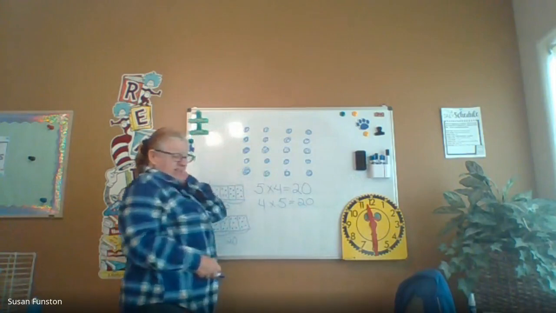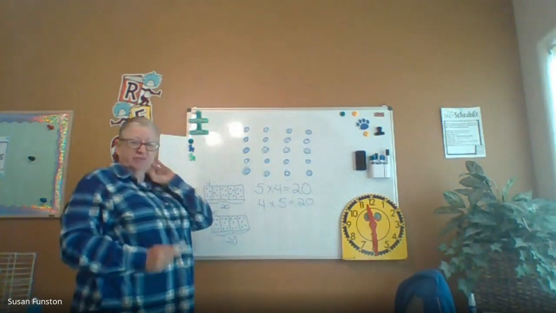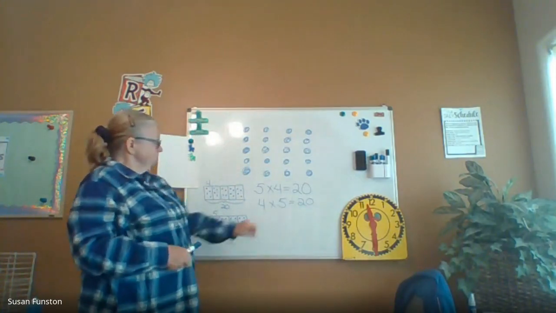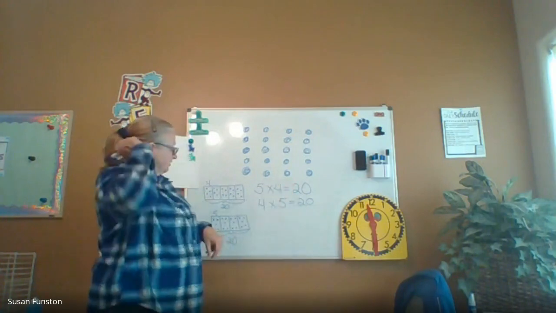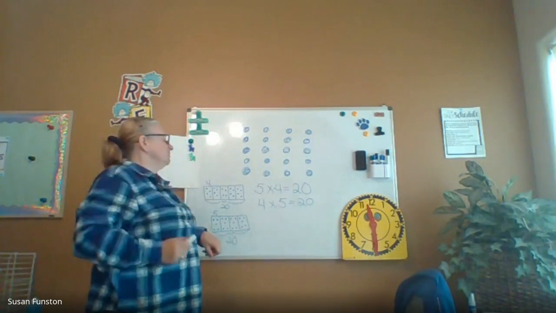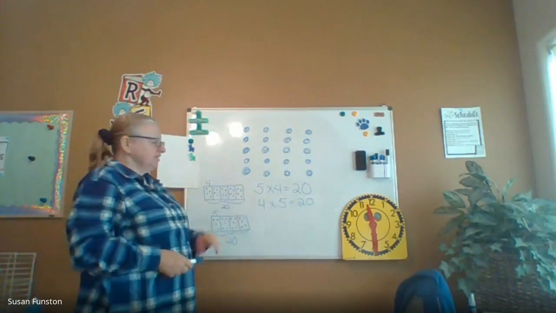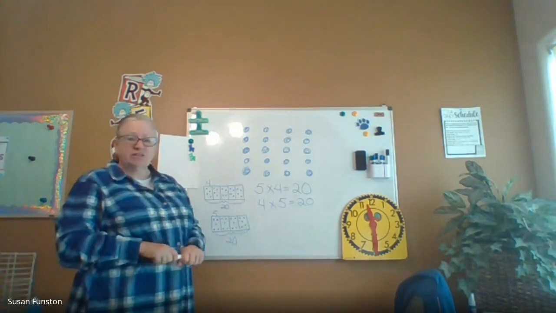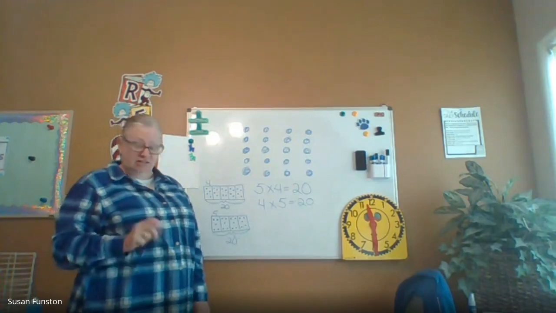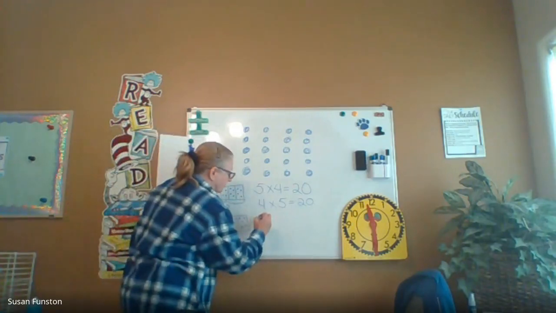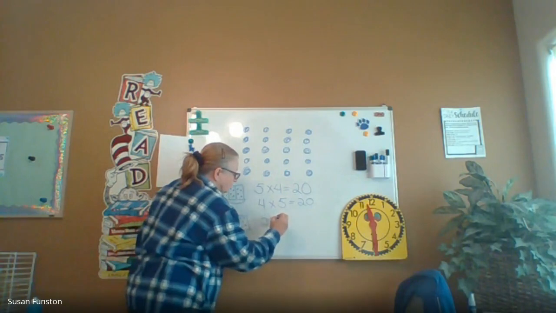All right, let's take this one just a bit further and review a little division. So can I write a division sentence that goes with this multiplication sentence? What do I always start with in the division sentence? Let's write the largest number. So I know I'm going to start with 20.